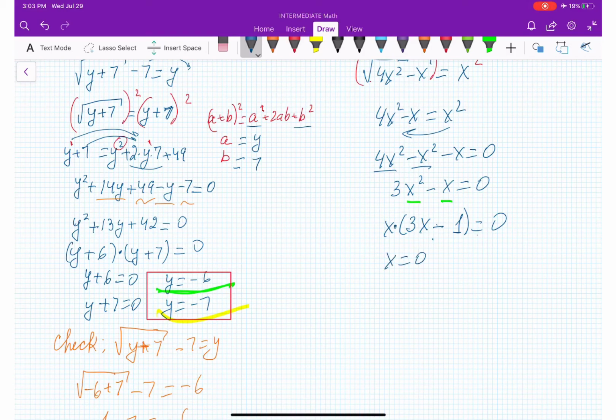Okay, so here we have x times 3x minus 1 equals 0, which means either x is going to be 0 or 3x minus 1 is going to be 0. If 3x minus 1 is equal 0, then 3x is equal 1, and x is equal 1/3. So let's check. First one, second one.